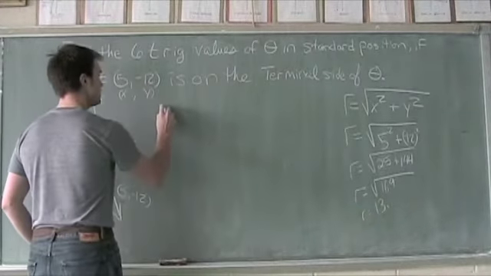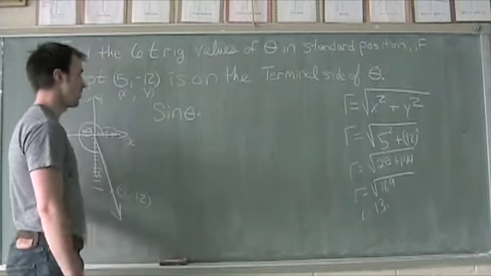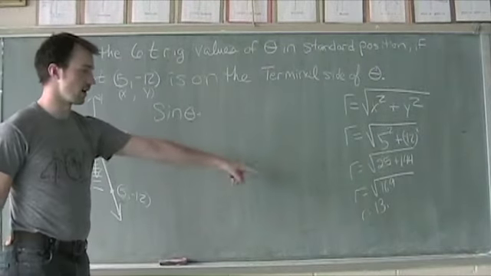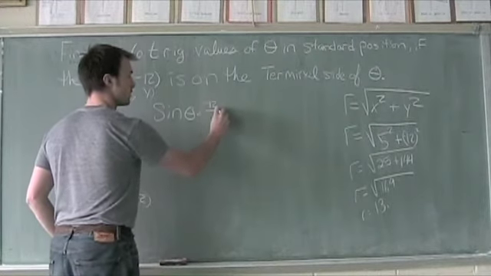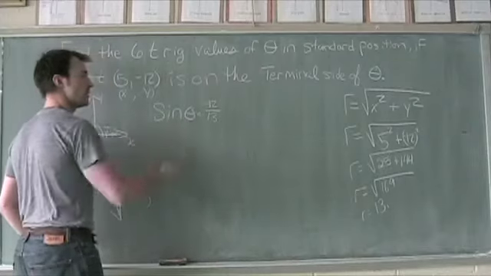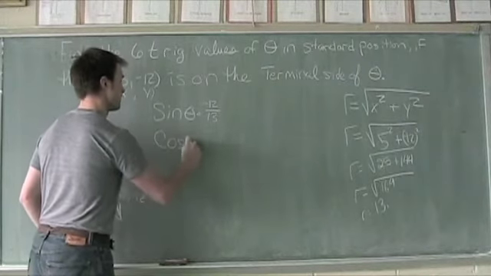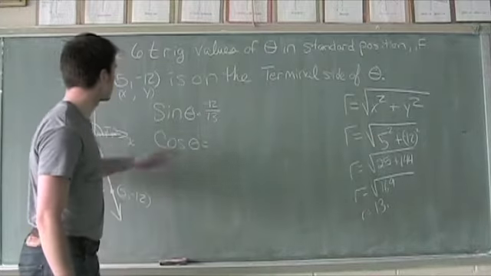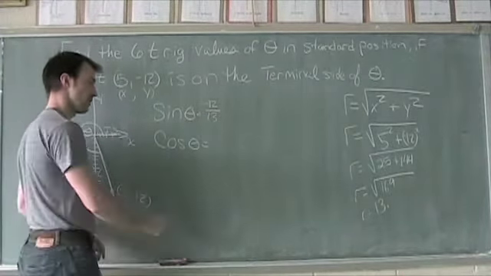To find the sine of theta, again, that's always our y value divided by the r value. Y value is negative 12, and r value is 13. So the sine of theta is negative 12/13. The cosine of theta is always our x value divided by the r value, provided r is not 0.